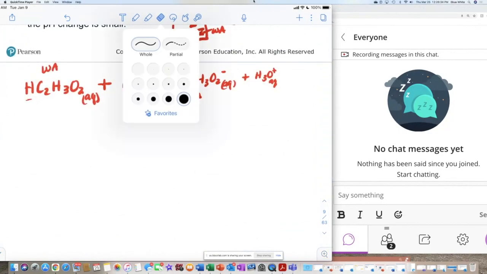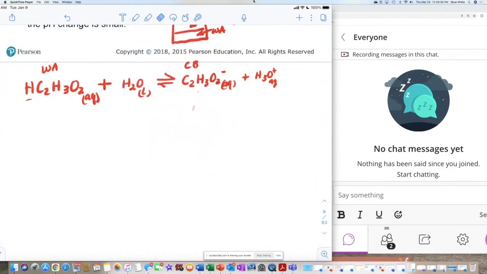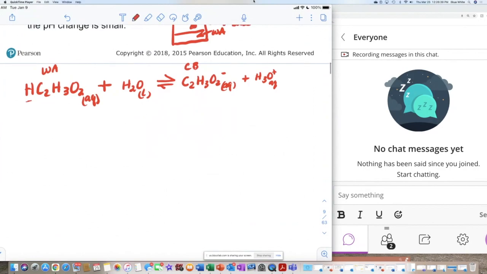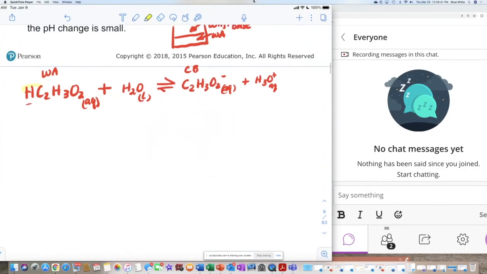Once the buffer is made, after I've added the second component, let me erase this part here. Let me highlight the role of each component. The role of the weak acid, once the buffer is made, will be to neutralize any added base. So this is the part I'm talking about right here.